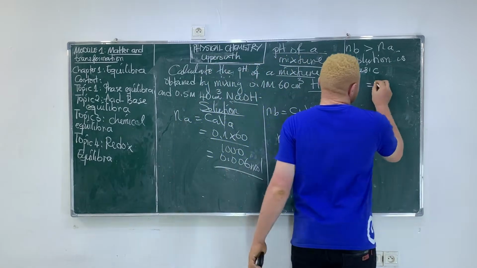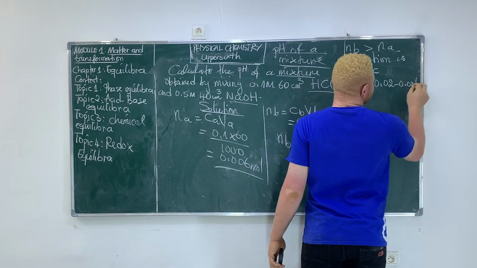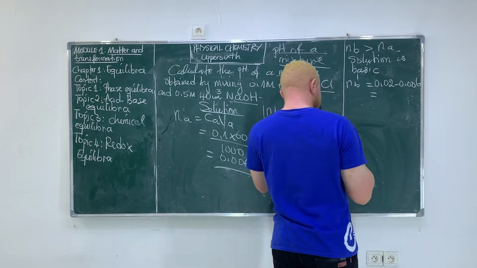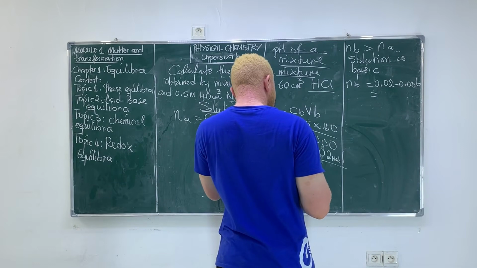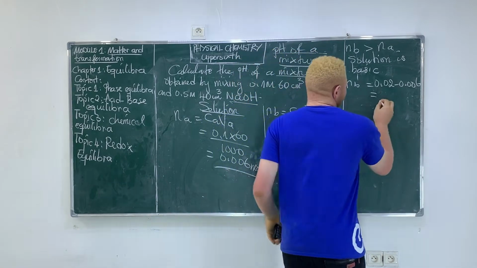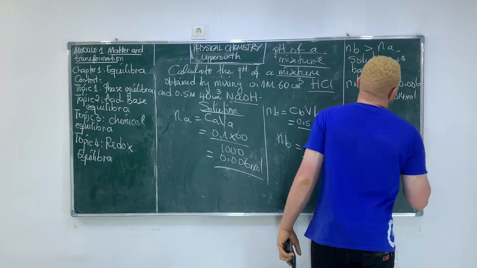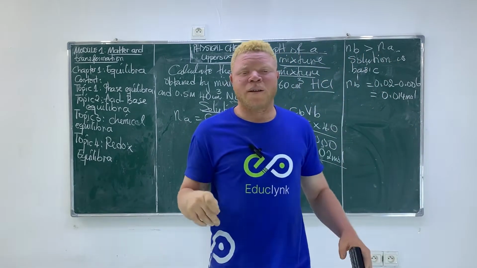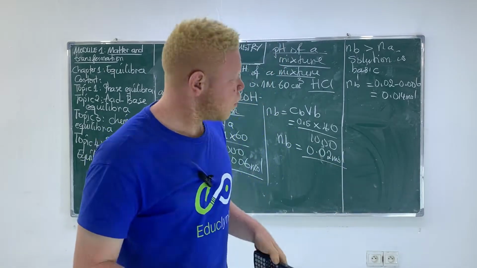It's going to be 0.02 minus 0.006, which is 0.014.